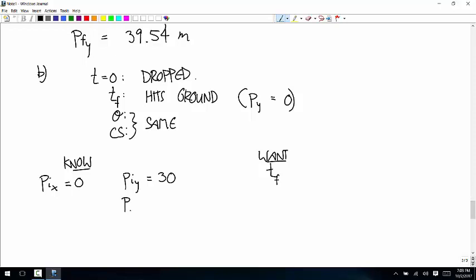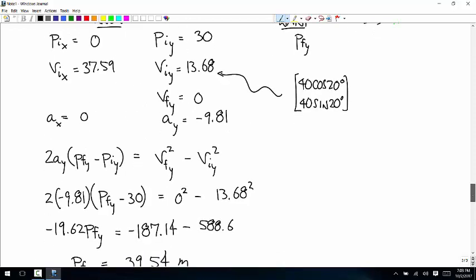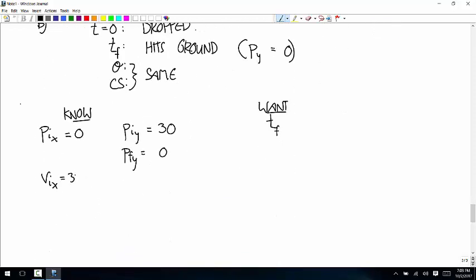The y component, Pfy, is equal to 0. What do we know about the initial velocity? Same as before. Vix is 37.59. And what's the y? 13 point what?